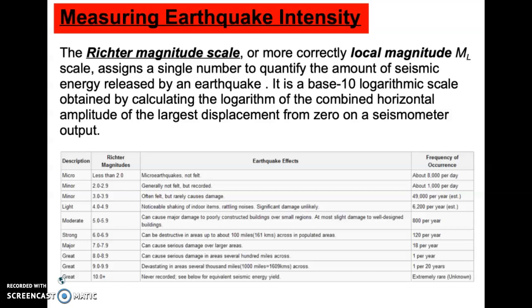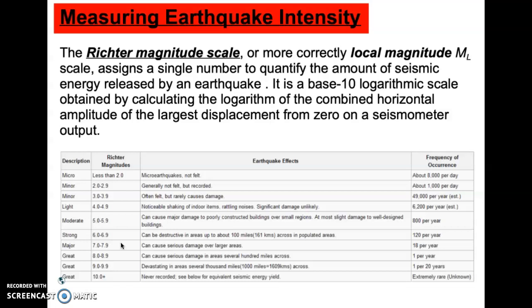It's a base 10 logarithmic scale, and it's obtained by calculating the logarithm of the combined horizontal amplitude of the largest displacement from zero on a seismometer output. You don't need to understand anything about earthquakes. We're really just going to be looking at the math behind them, but that is what a Richter number is.